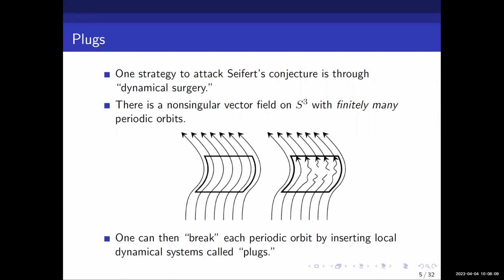And then you need to show that the flow can be made so that it agrees with the global flow on the boundary of the manifold and in a neighborhood of the boundary. Then inside the plug, you're going to have some kind of other behavior which you're going to try to specify. This is the general idea of trying to attack this conjecture.